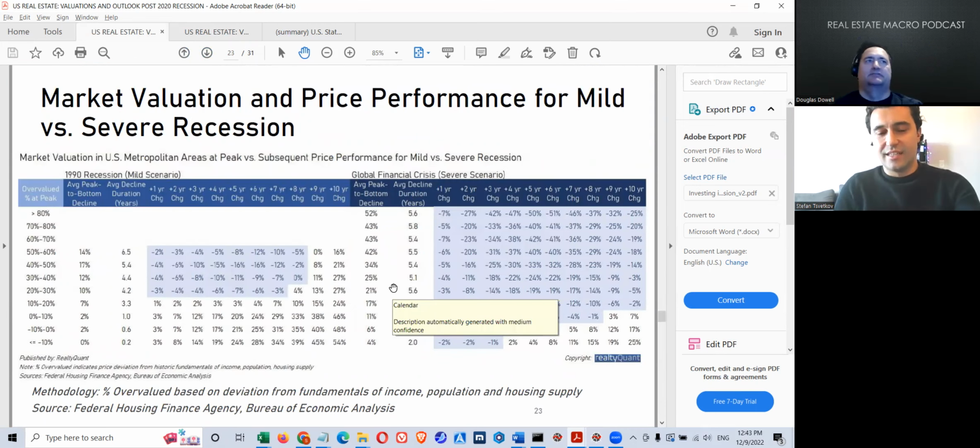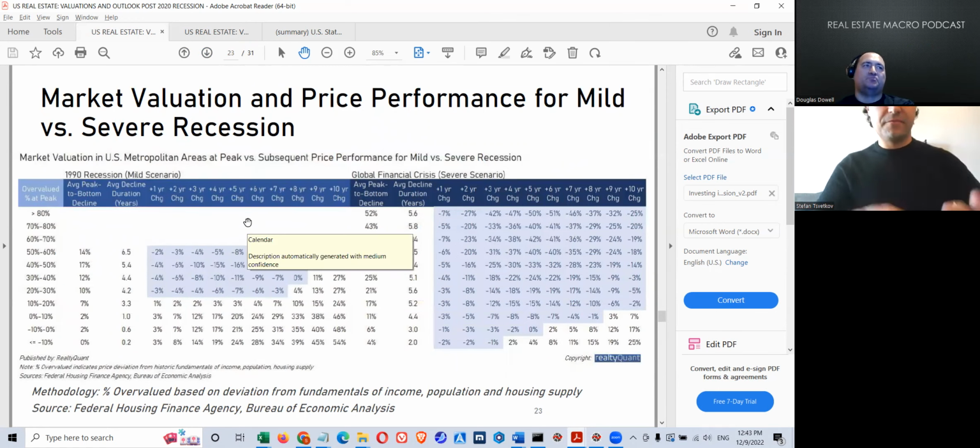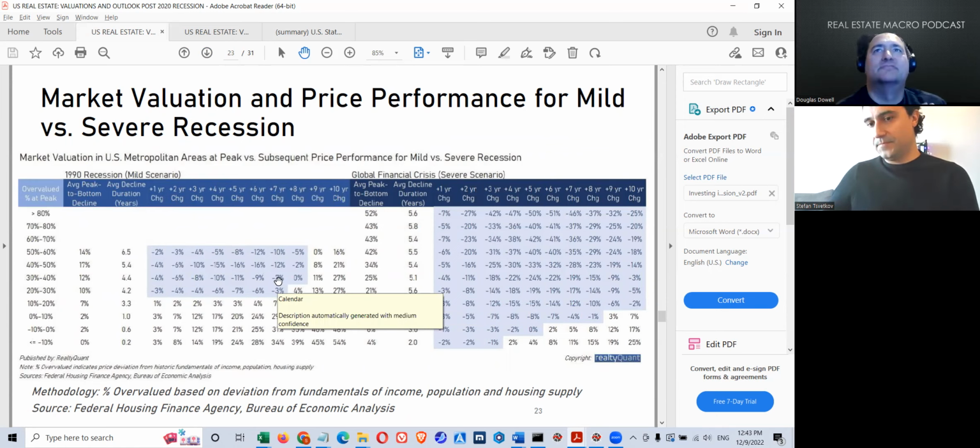Yes. Right. I know it's a lot of numbers, but just to storytell it for people, what this table is showing, to the left, is metro areas, how overvalued they were, in percentage terms for different metro areas. And then it shows in a mild recession and a severe recession how they perform 10 years ahead.